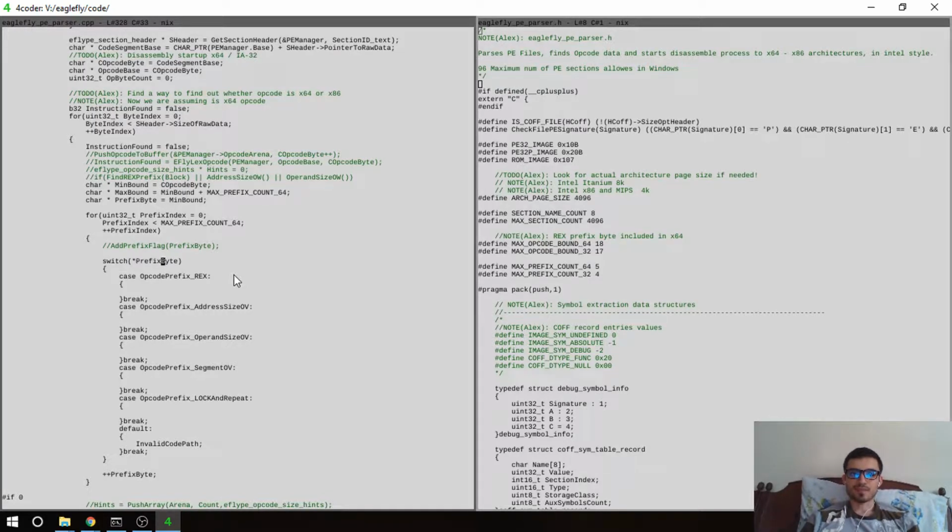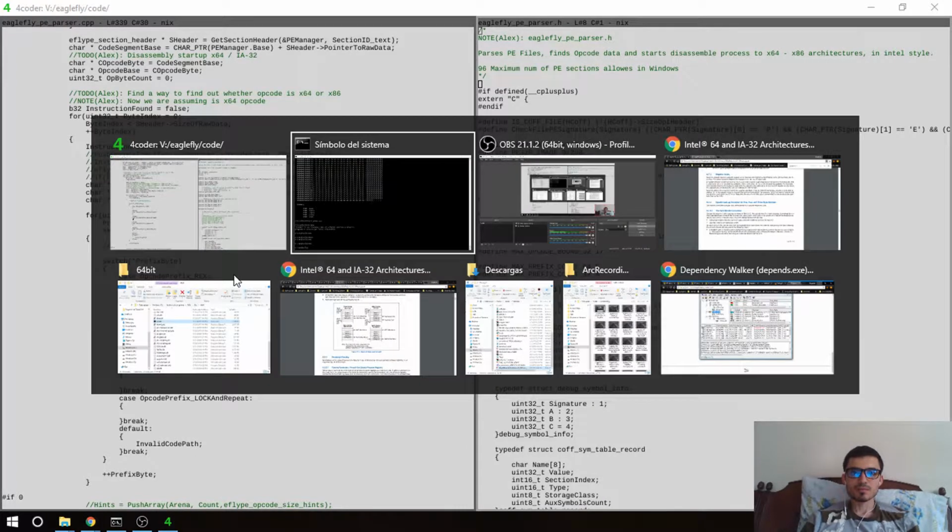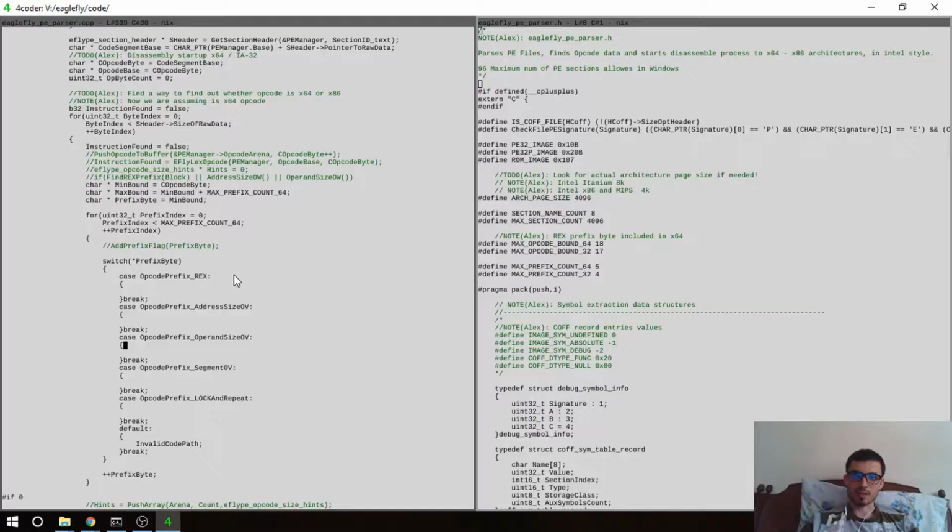So that's something we also have to do and check out. Besides that, the opcode prefixes can be in any order. That's also something the spec mentioned.